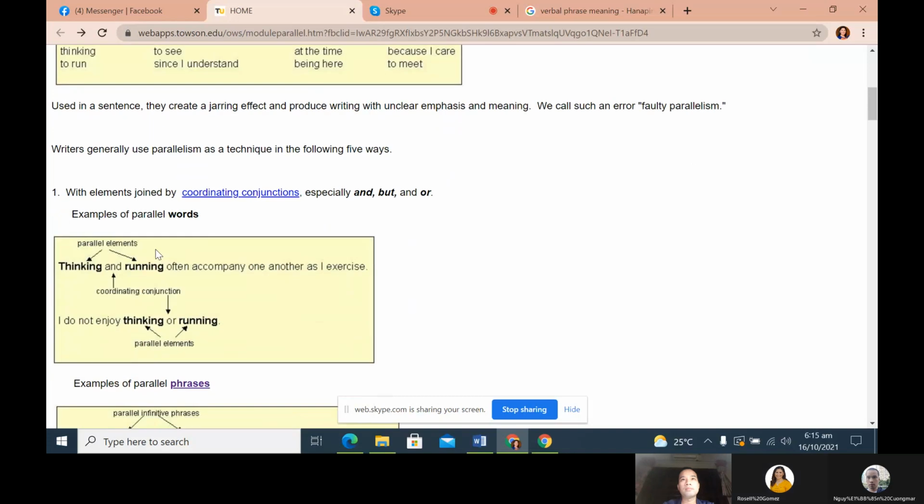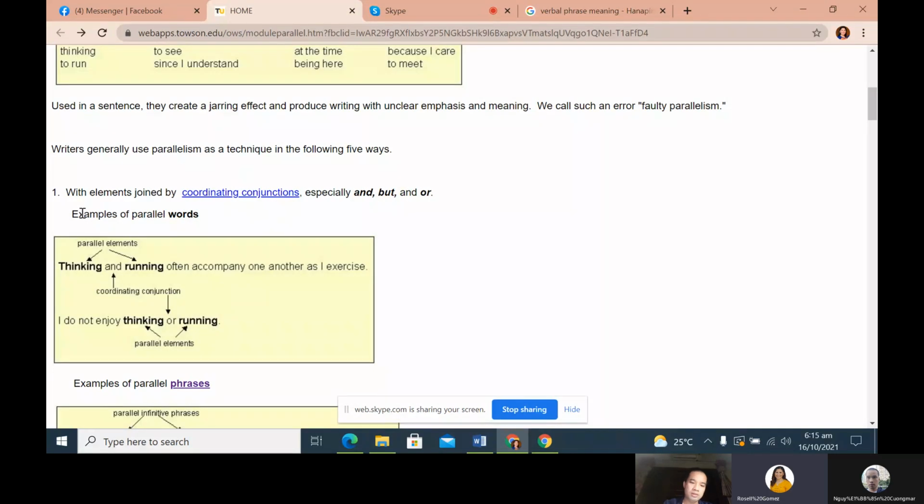Please read rule number one. With elements joined by coordinating conjunctions, especially and, but, or.